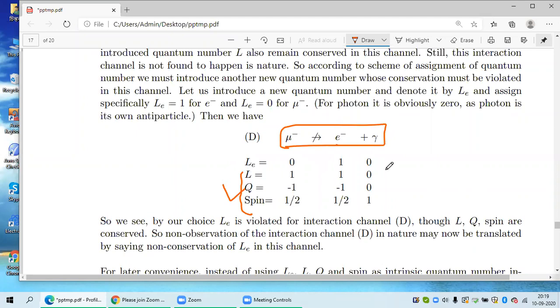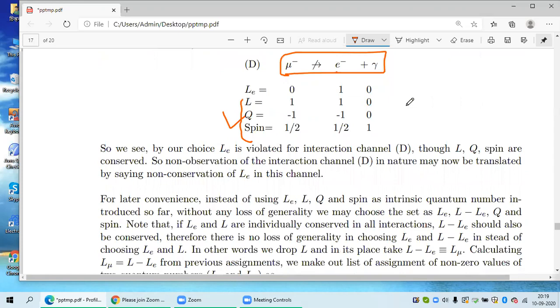So I have to introduce a new quantum number, and let us denote it by LE, in such a way that the assignment makes this new quantum number not conserved in this reaction. Then only I can say that according to our lepton number assignment scheme, this reaction is not happening because at least one quantum number is not conserved.